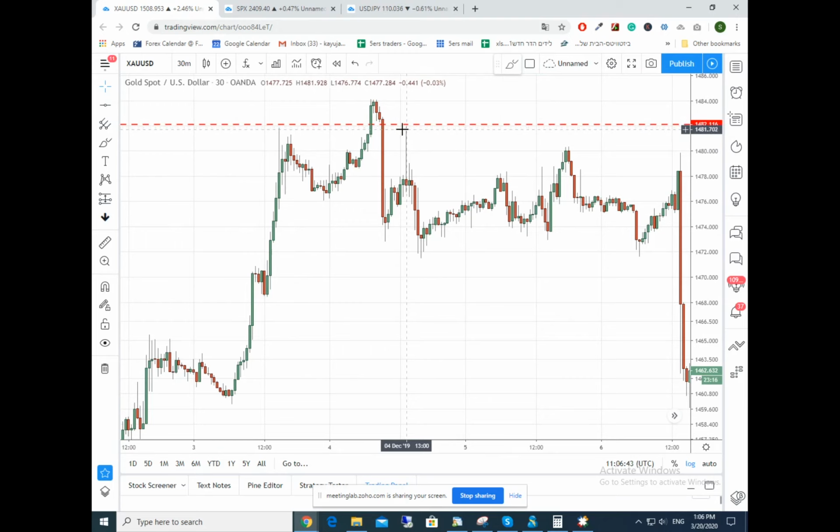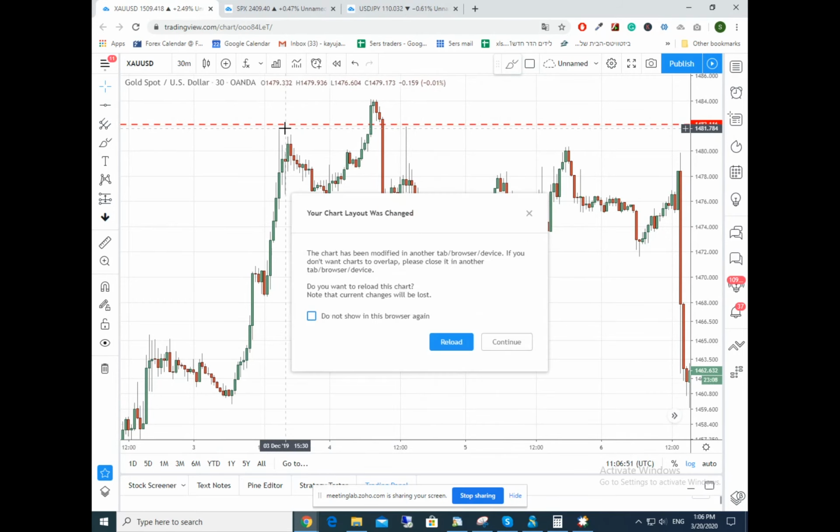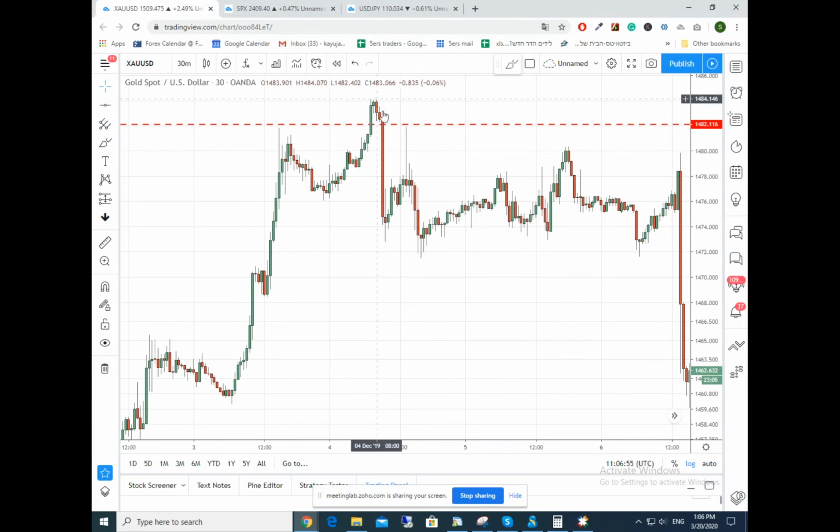Once again, the price just rallied up, hit this supply zone, which is part of the Quasimodo pattern, and the price from that level again dropped down and continued down.